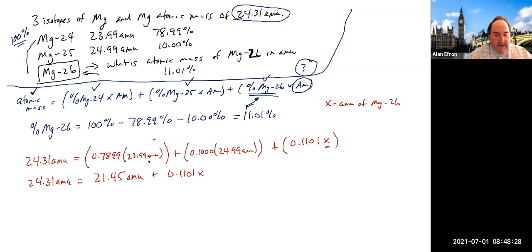So these two basically there. Now we're going to subtract that 21.45 to the other side, bringing it over there and subtracting it. If we do that, 24.31 minus 21.45 gives us 2.86 AMU.